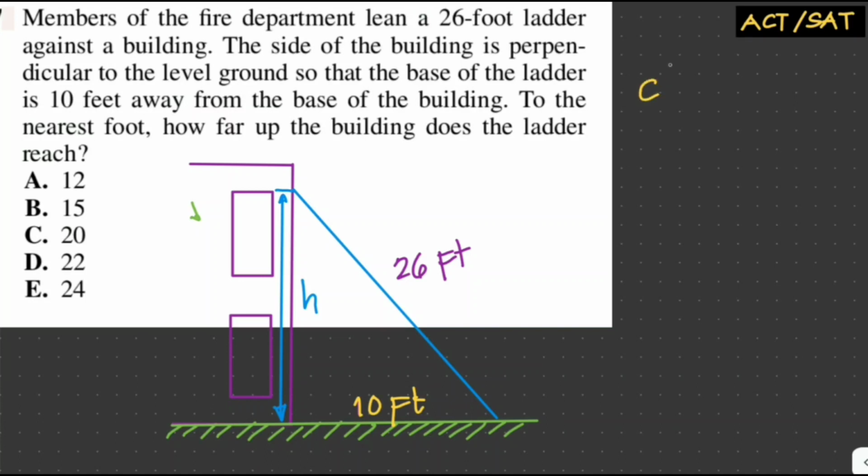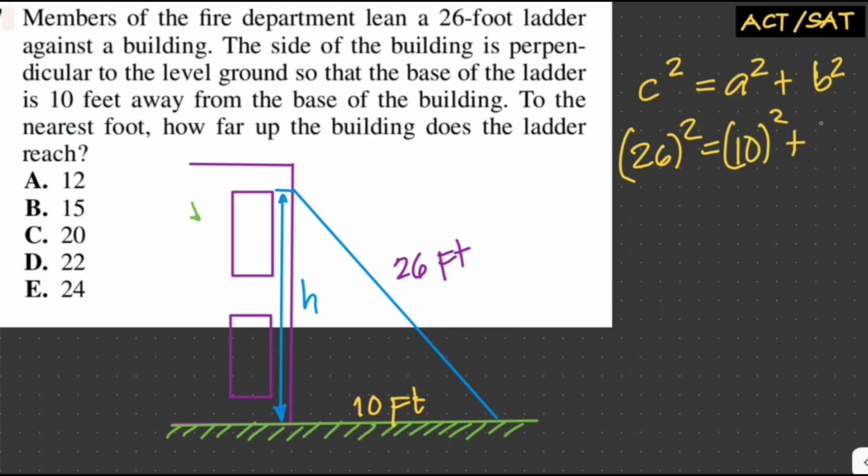So that would be the longest side, or the hypotenuse squared, equals the sum of the squares of the two legs. So this is just equal to 26 squared equals 10 squared plus h squared. And then we subtract both sides by 10 squared.